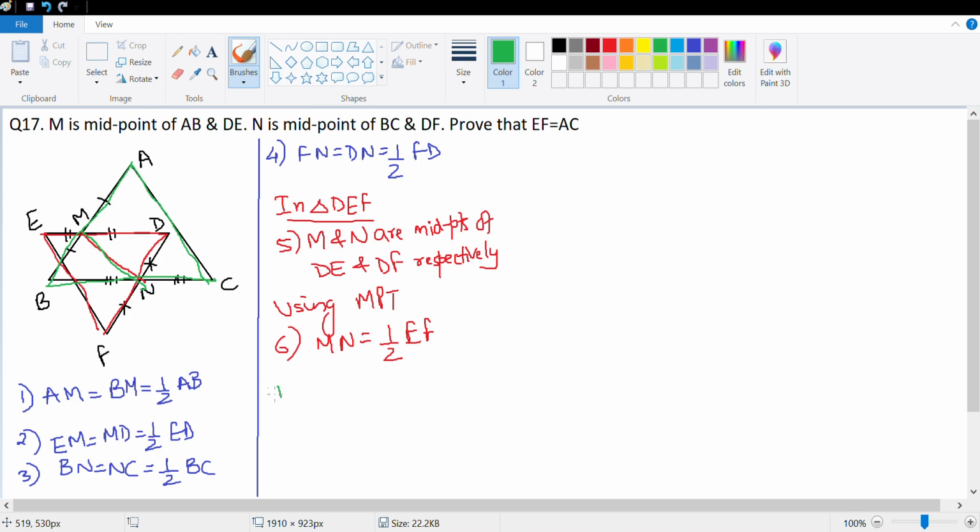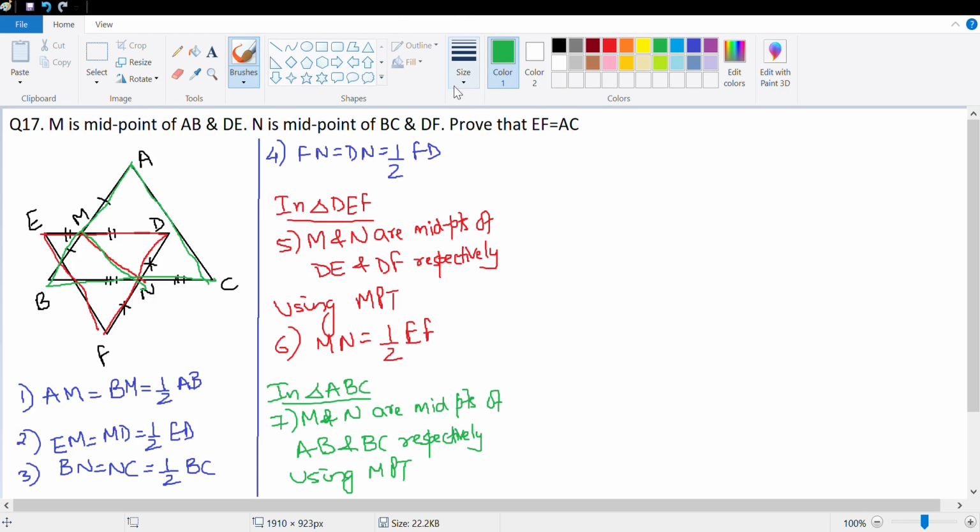So in triangle ABC, number 7, M and N are midpoints of, M is the midpoint of AB and N is the midpoint of BC respectively, which means using the midpoint theorem, what I get is number 8, MN is equal to half of AC.